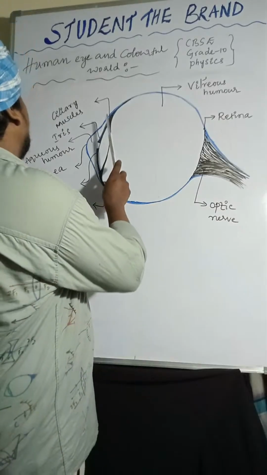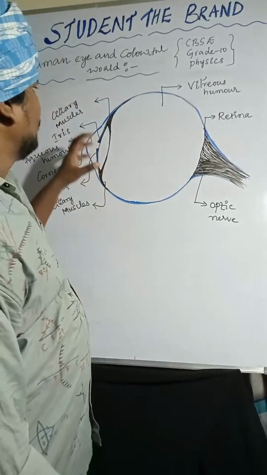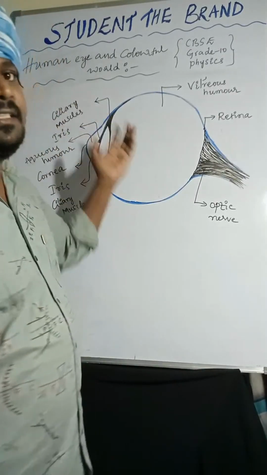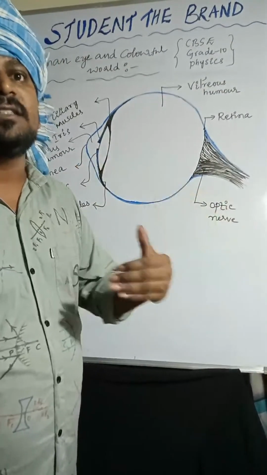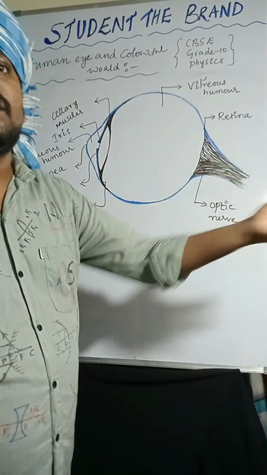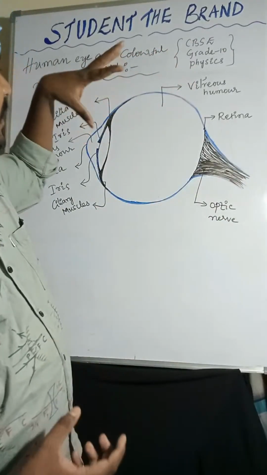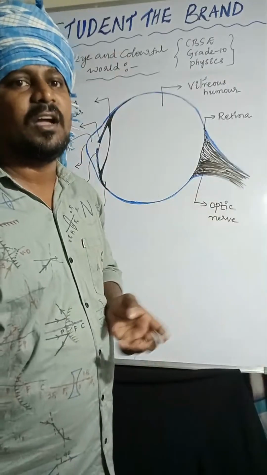And ciliary muscles. Ciliary muscles will hold the lens. They adjust the curvature of the eye lens. Whenever we want to see a nearby object as well as a far object, the ciliary muscles adjust the curvature of the eye lens, so that we are able to see both.